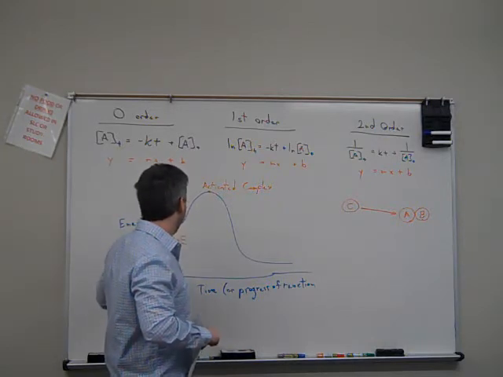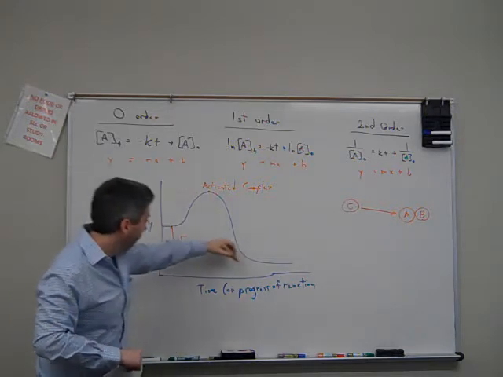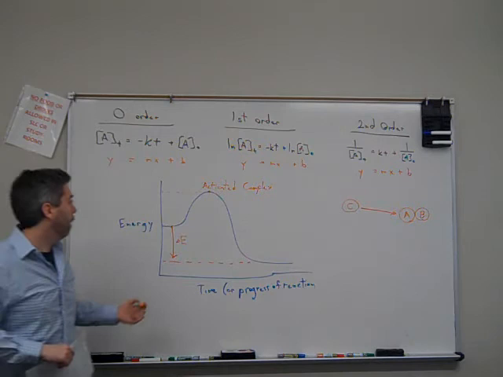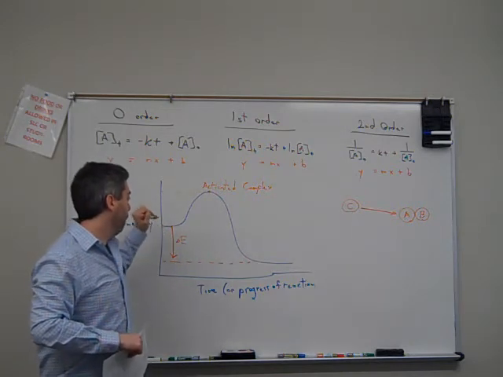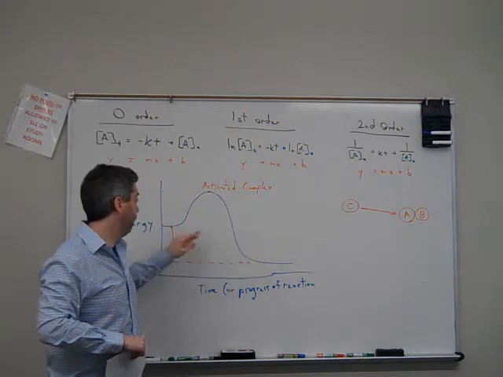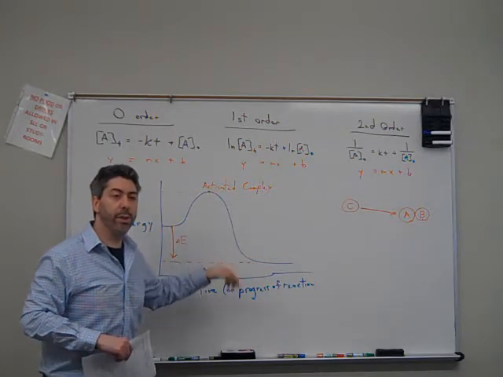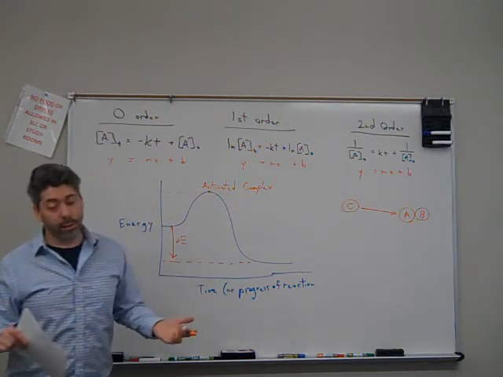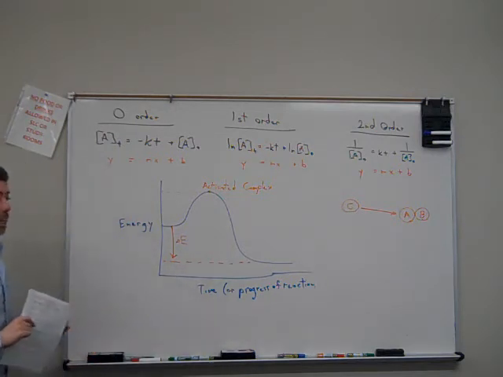This is the change in energy of the reaction. All that energy that's lost, because this is the energy of the products, this is the energy of the reactants. That energy that was lost is typically given off as heat, or given off as work. It can be either heat or work.